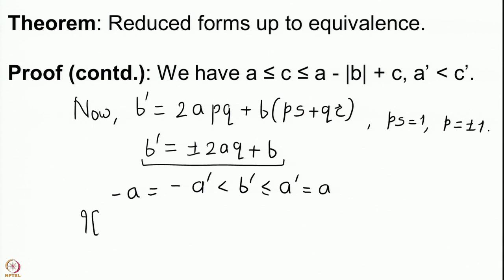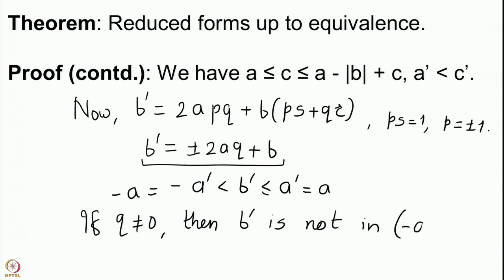If q is not equal to 0, then b prime is not in the set (minus a, a], because b is already there. For b we already have this inequality. So, if I multiply 2a by a non-negative non-zero number and add or subtract it from b, we are no longer in the interval minus a, a, and therefore, to remain in the interval we must have q equal to 0.